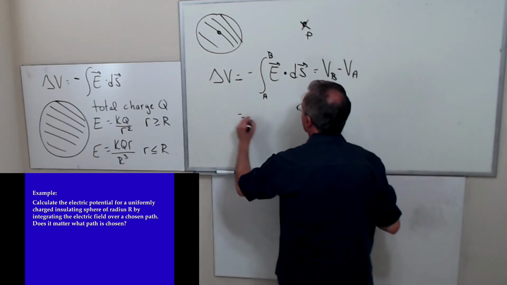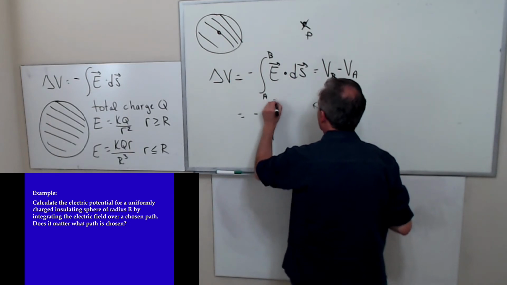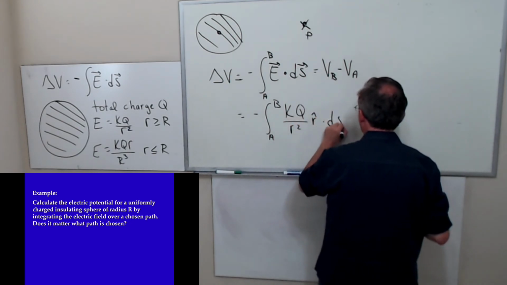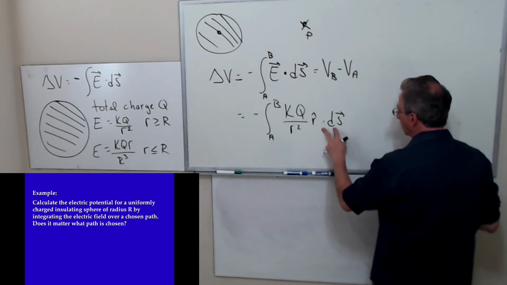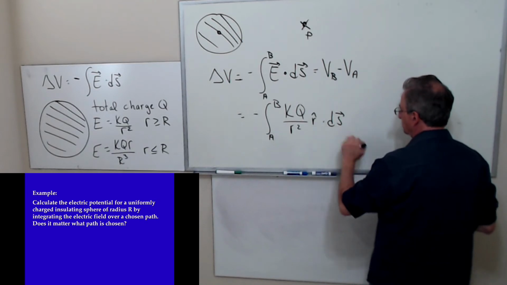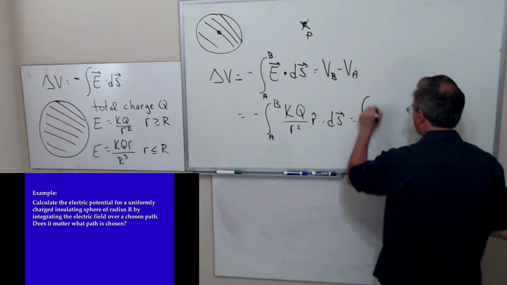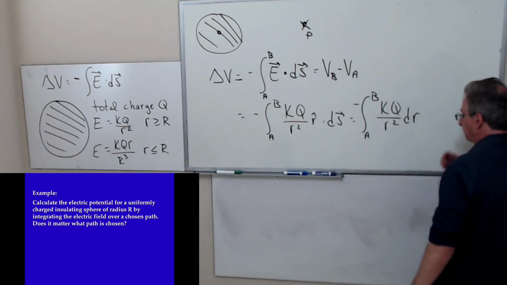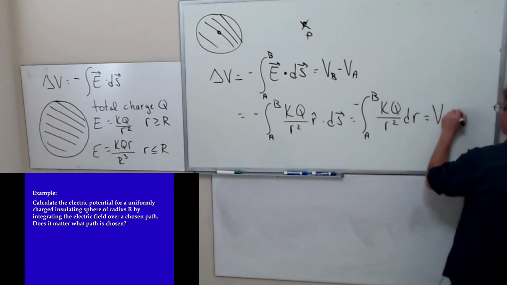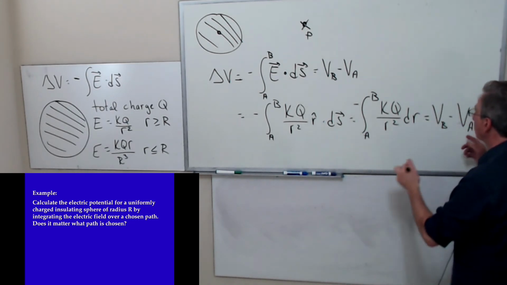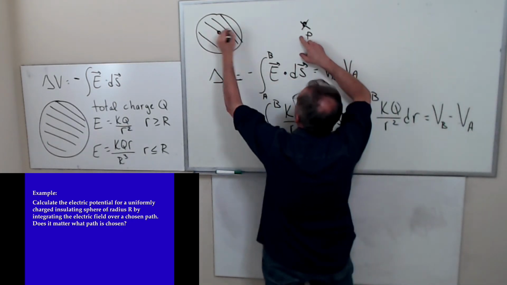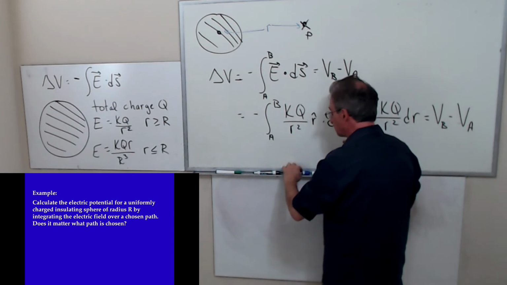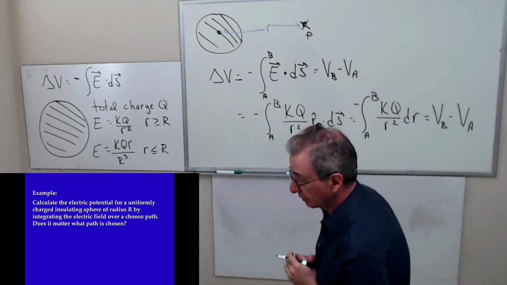So let me put in my expression for the electric field. The only thing that's going to contribute is the component that's parallel to this one, and that's going to be V sub B minus V sub A. In order for me to find the electric potential at some point R away from the sphere, I have to define the electric potential somewhere.